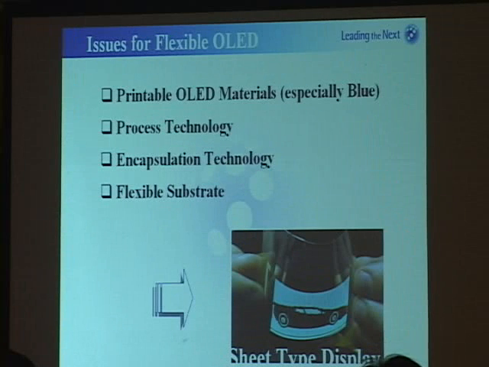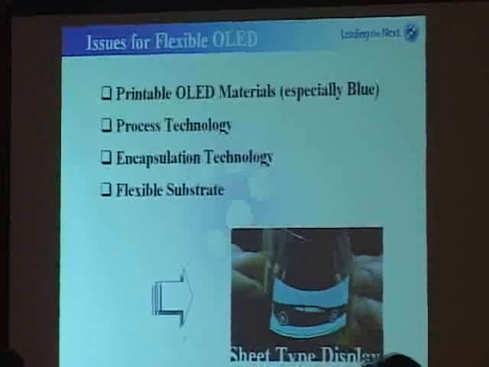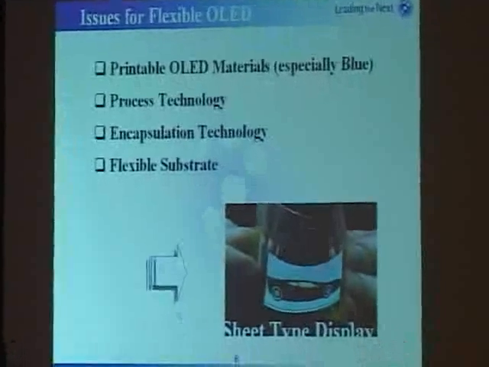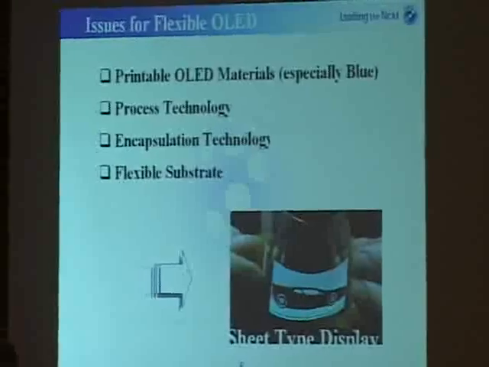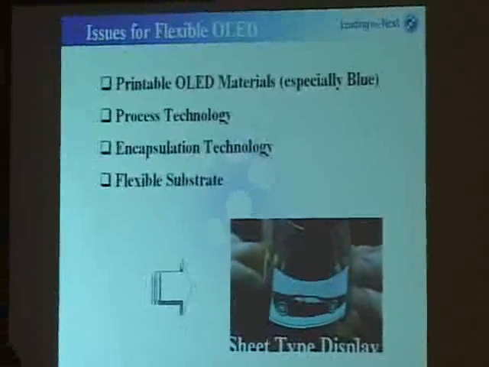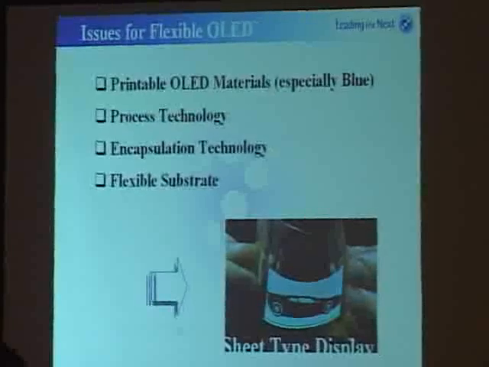In order to realize a flexible OLED display, there are some technical issues to be solved. Printable OLED materials, especially light emitting materials, are important. And process technology, encapsulation technology, and flexible substrate.